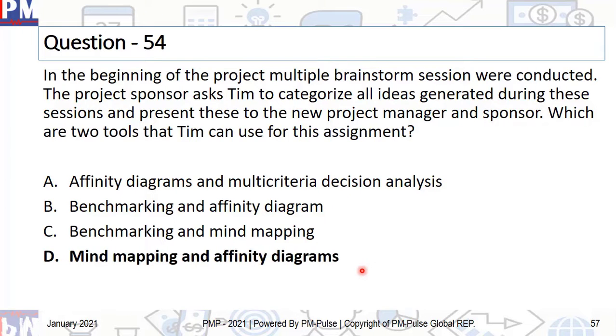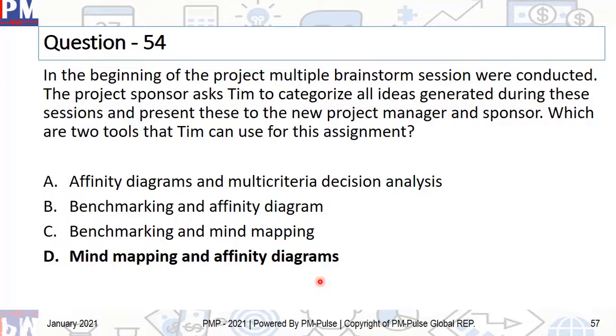And the correct answer is mind mapping and affinity diagram. Remember, mind mapping and affinity diagrams are both data representation techniques in which, if you have some ideas, if you have certain parameters that you want to show to people, you want to put them suitably categorized, you could use mind mapping or affinity diagram. They're both one and the same thing, just the presentation is slightly different. Right? So keep that in mind.